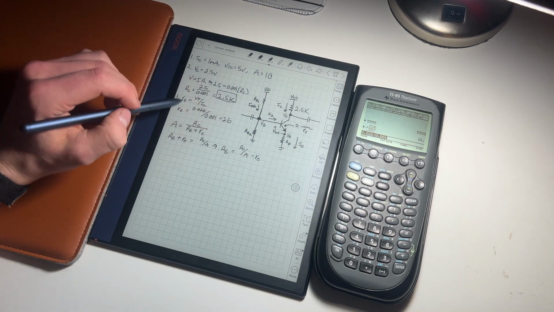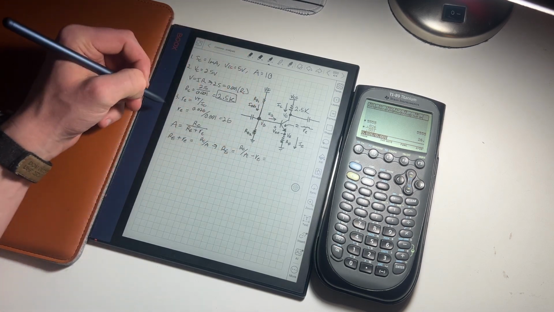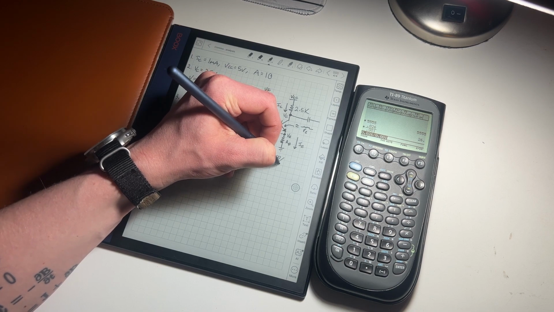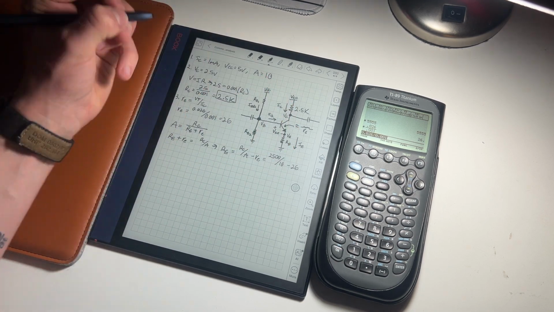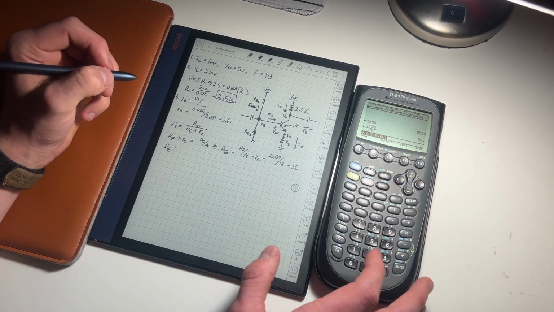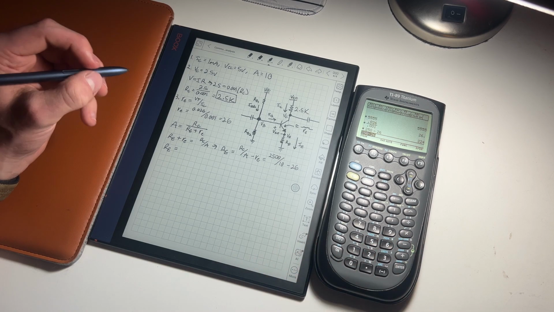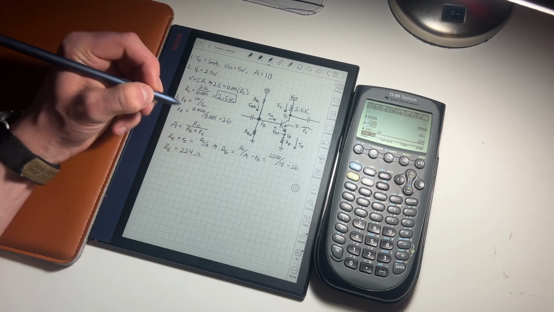Plugging in all the values that I have up here, I have RC, which is 2.5 K, divided by 10, minus 26 ohms. Using this, big RE equals 224 ohms.